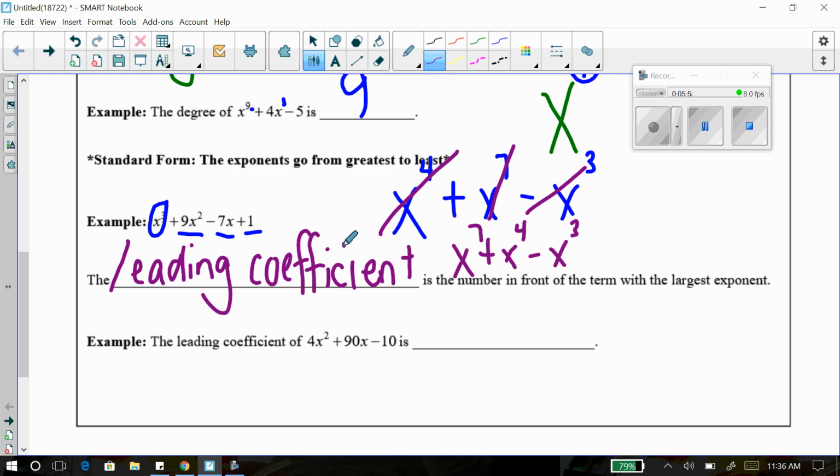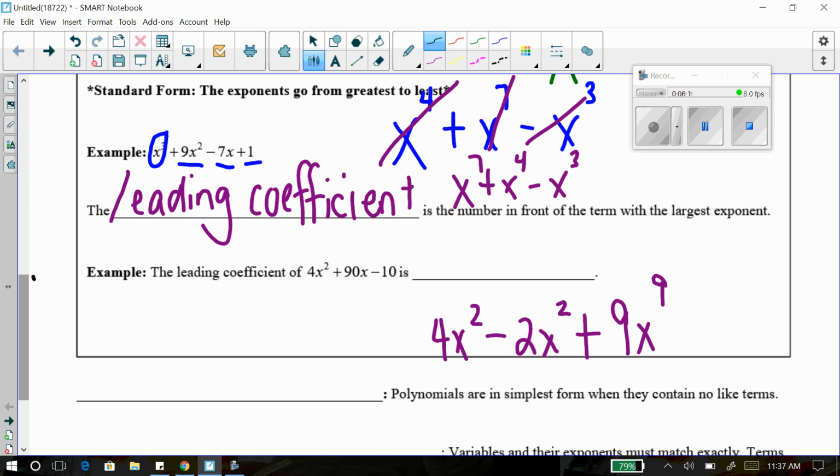Sometimes the Regents will trick you. They won't put it in standard form. They'll do something like this and say, what is the leading coefficient? And everybody just picks 4 because you think, oh, that's the number in the front. But no, you have to first put it in standard form.